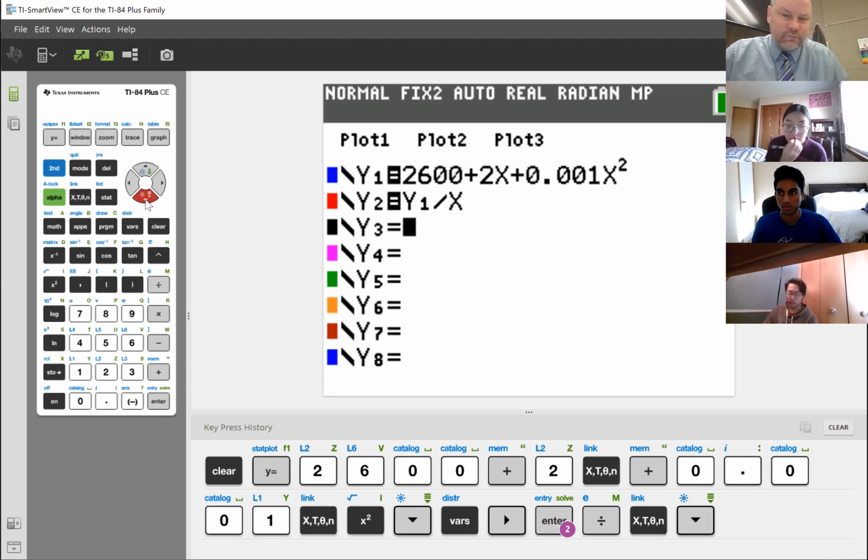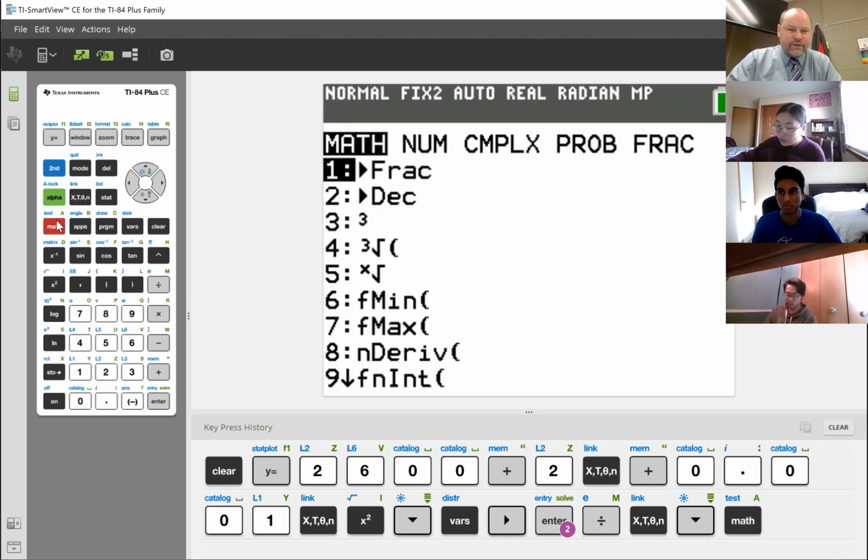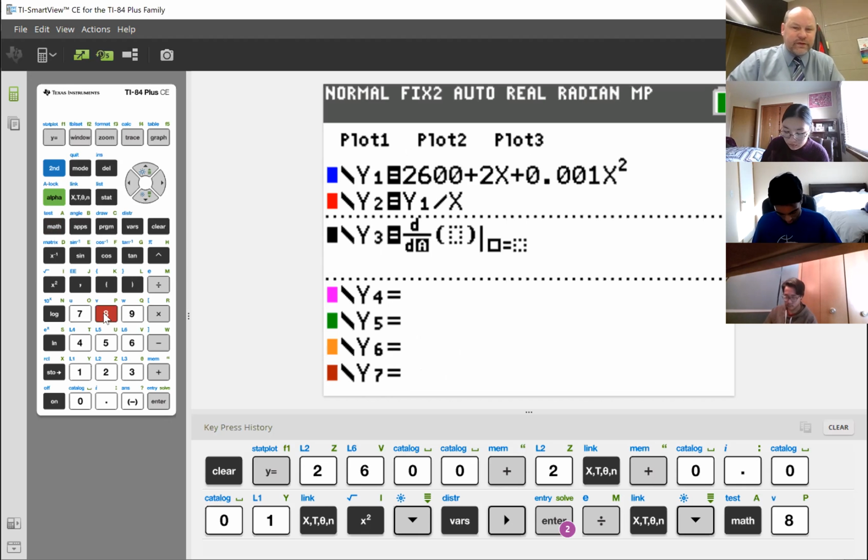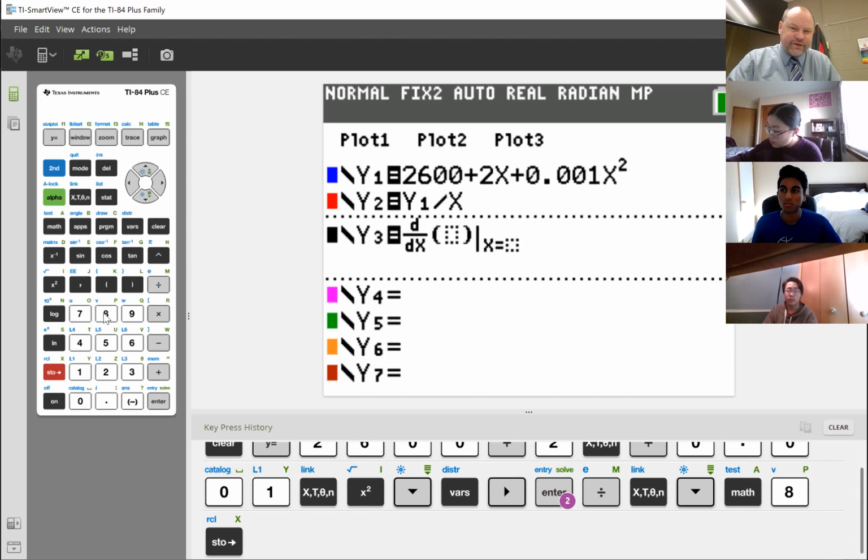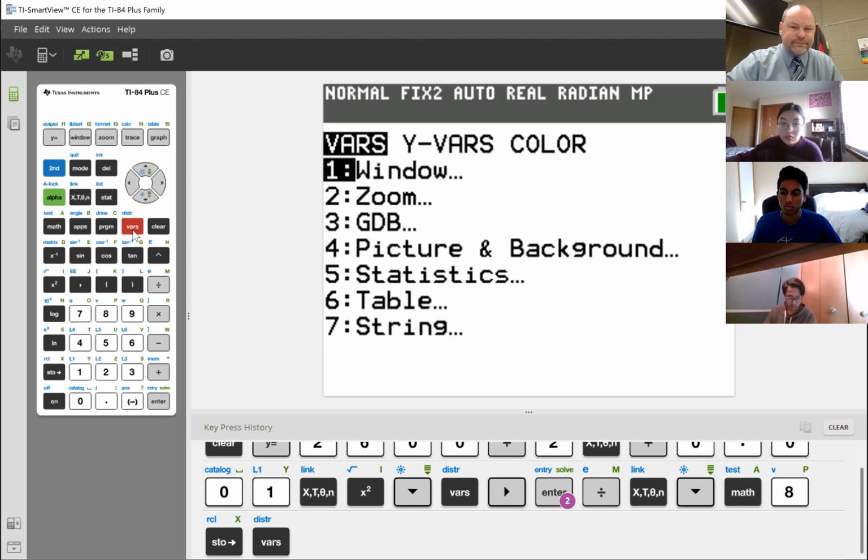And for marginal cost, over here in the math menu, there is option 8, nDeriv. And we're going to take the derivative of y1.